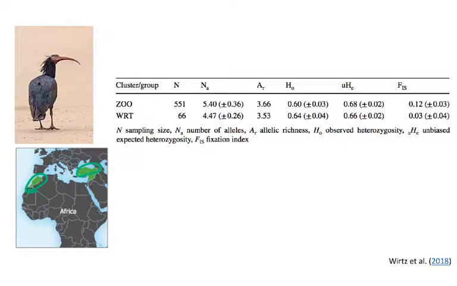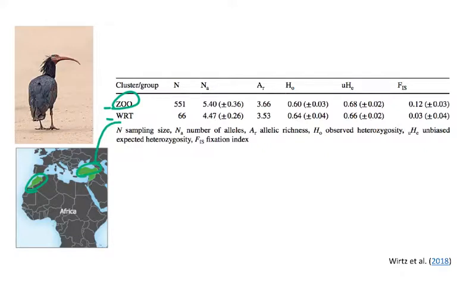And so when they're trying to figure out now what individuals they should use for reintroductions and whether they have appropriate genetic diversity, one of the things they're considering now is whether individuals they have in a zoo population contain sufficient genetic diversity to be able to have them be reintroduced and to have that population be successful. So in this table, what's being shown is they're comparing two different populations, a zoo population and this other population here that was used for a successful reintroduction into Turkey.